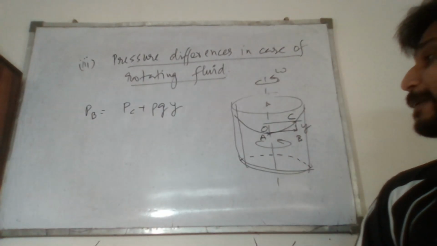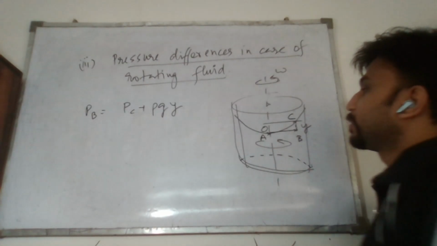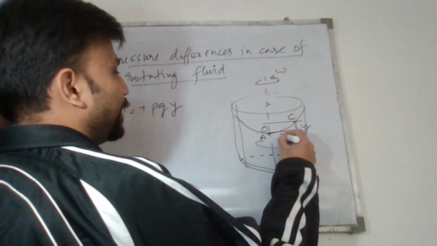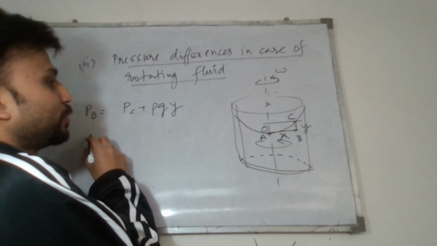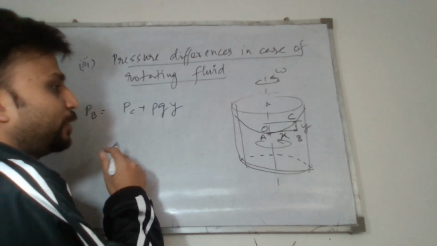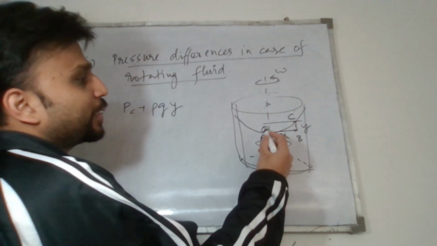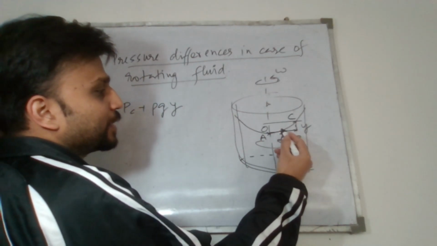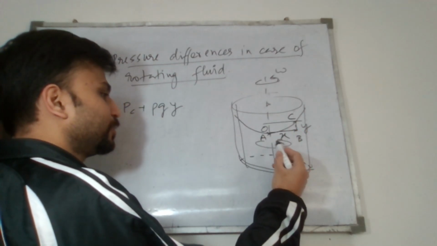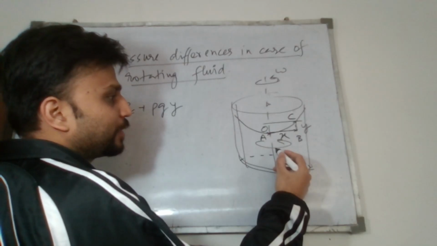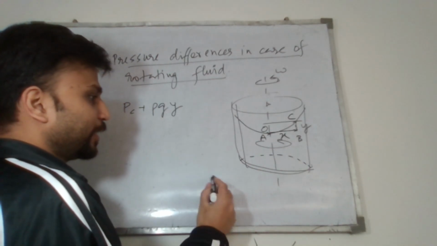So this distance is x. We create an equation of pressure difference at some x distance from this axis. So how do we do that? Let's draw a figure again.